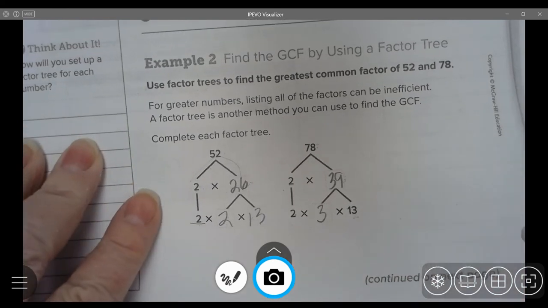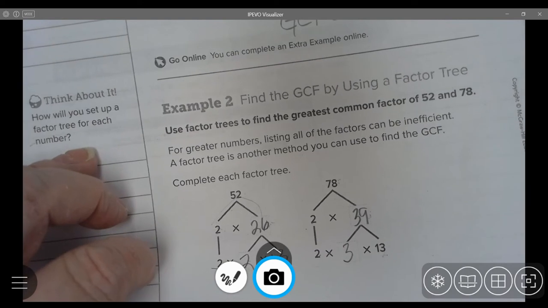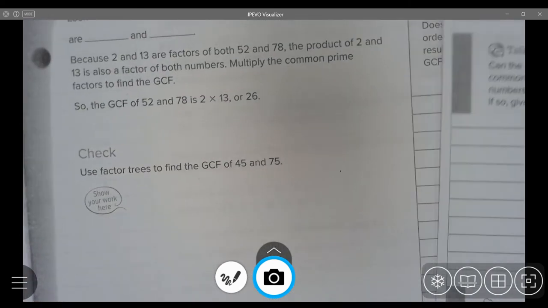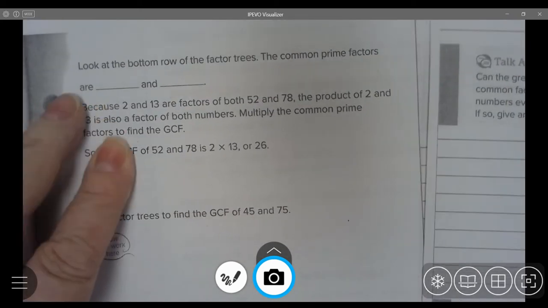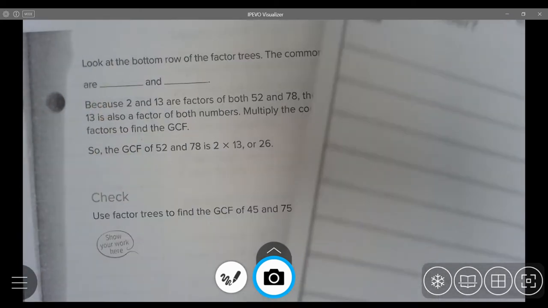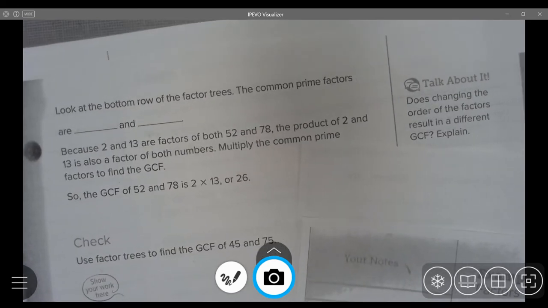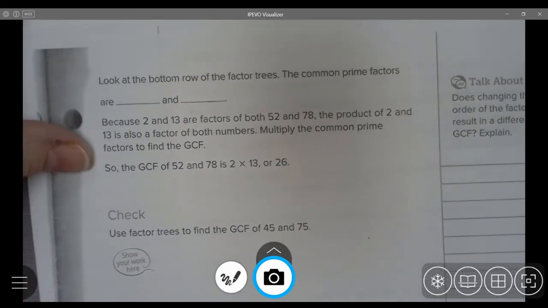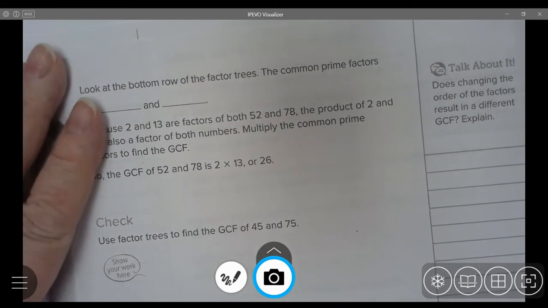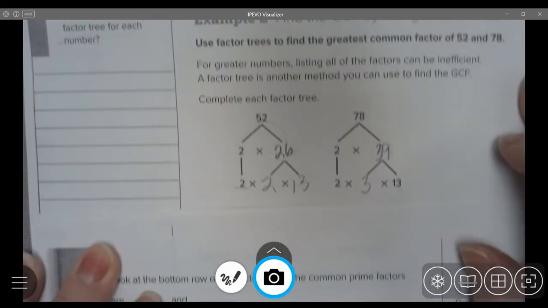I'm going to continue on to the top of the next page, 297. So if I look at the bottom row, I'm just continuing from the page above.